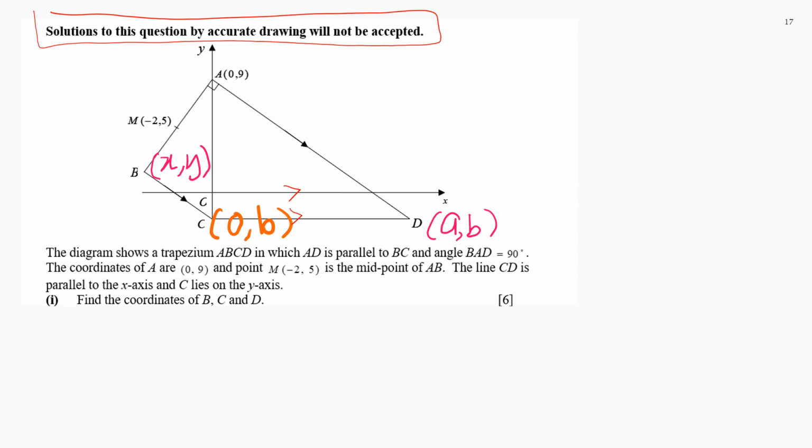Okay? So let's see which points we can find first. Quite obviously, we can find point B, because you're given point A and you're given the midpoint, so we can just apply the midpoint formula to find point B first.